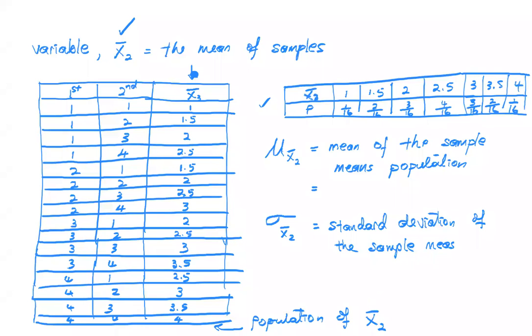So your variable is the sample mean. So you have to be very careful. When you have all these, the subscript at the bottom, the superscript is up. The subscript there tells you the variable. Understand?